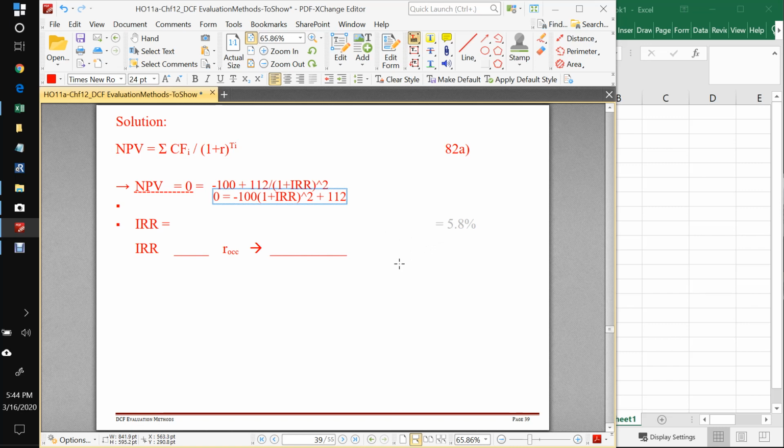And so then we get 1 plus IRR squared is equal to 112 over 100, and that's looking pretty good. And I think from that we can get directly that the IRR is equal to the square root of 112 over 100, minus 1.